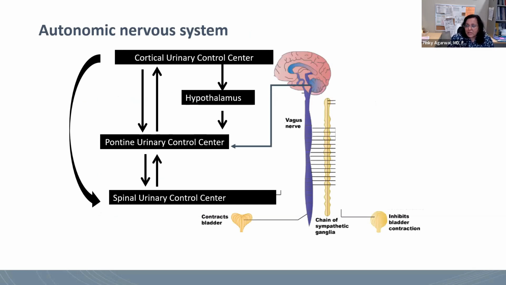Now this, if you see, is a simplified diagram. I didn't even put all of the control centers, but you'll see there are several control centers of the bladder. There's one in the brain, another at the hypothalamic level, another at the brain stem level, and there are other complex pathways in the spinal cord, which is why it's hard to treat bladder problems, because you're not trying to just address it at one level.